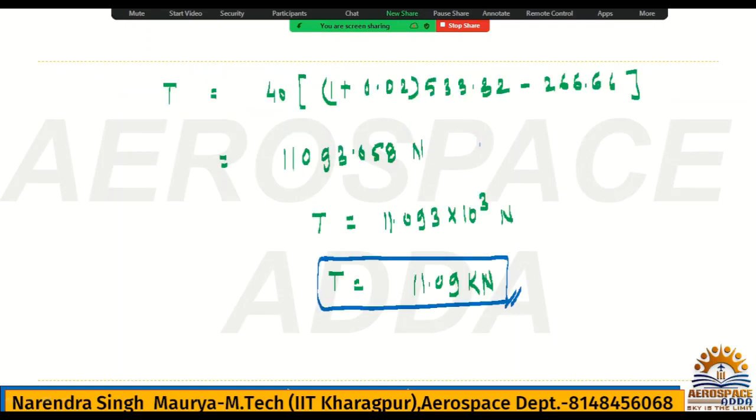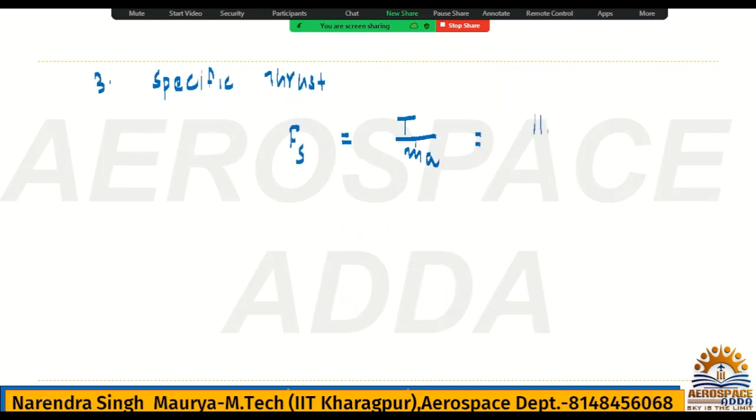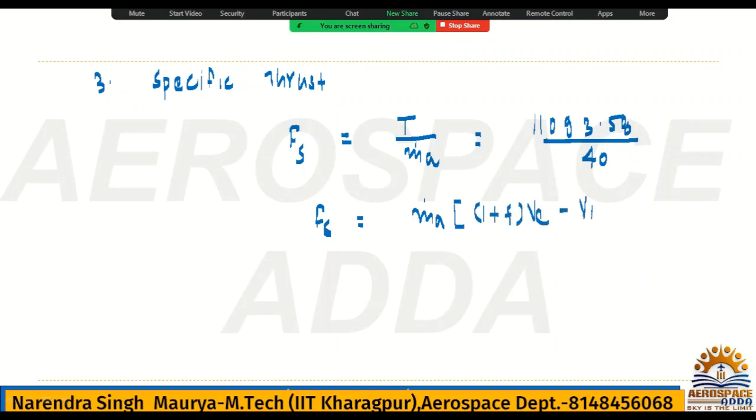You have calculated 11,093.58 divided by 40 kilogram per second. Check the thrust formula from the previous problem where I calculated thrust: m dot a, 1 plus f, ve minus v infinity, divided by m dot a.